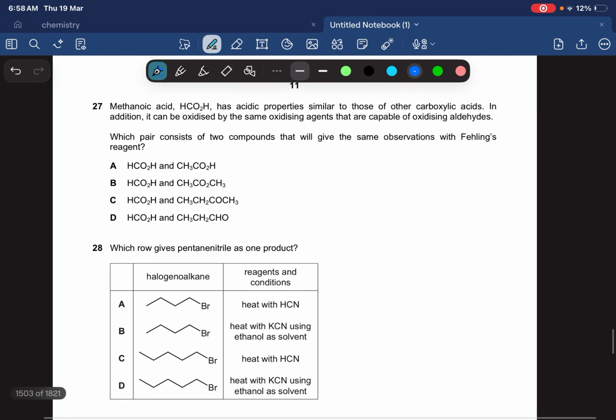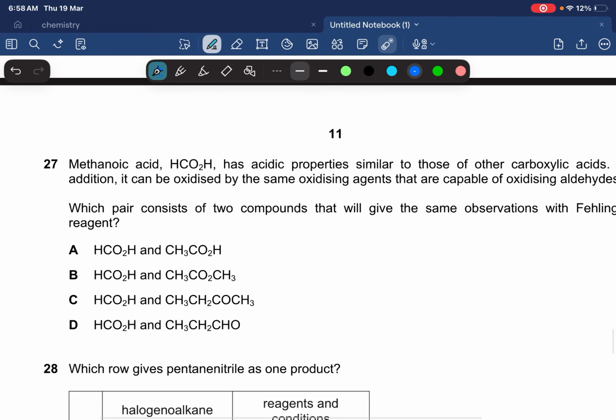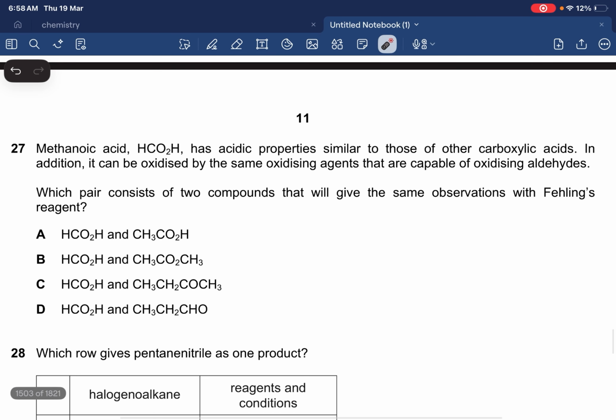Next part. It says methanoic acid has acidic properties, that means it can donate a proton, similar to those of other carboxylic acids. In addition, it can be oxidized by the same oxidizing agents that are capable of oxidizing aldehydes.